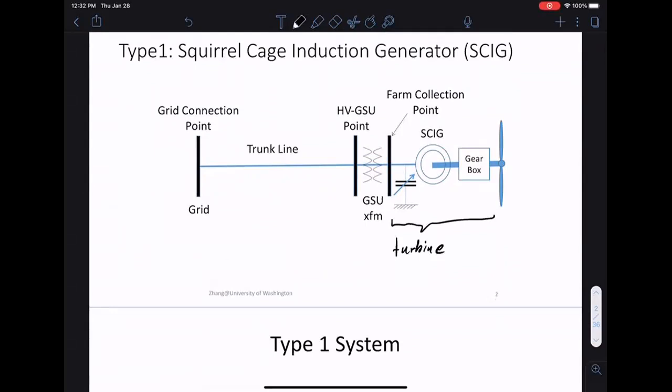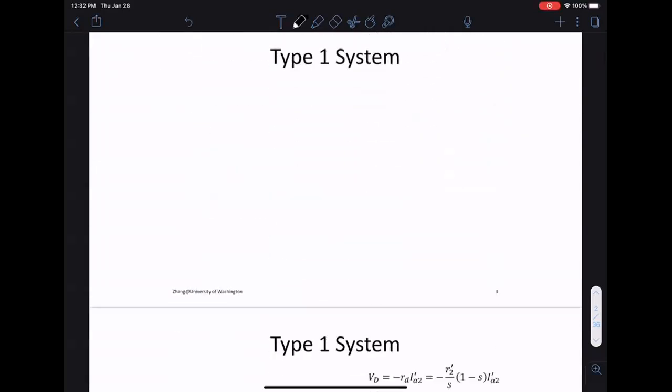For induction generators, we have the following equivalent circuit, which we have seen last class. As a reminder, let's go through what it looks like again. We always have a grid voltage, VA1 here. Then we have some stator side resistance and stator side reactance.